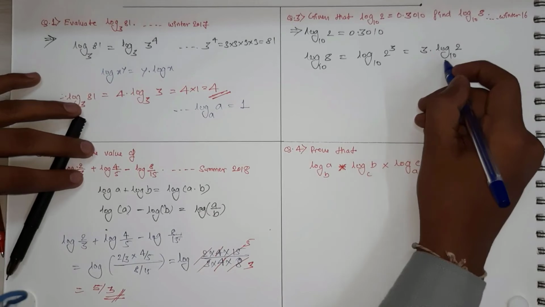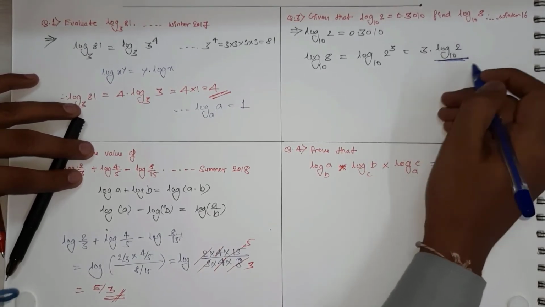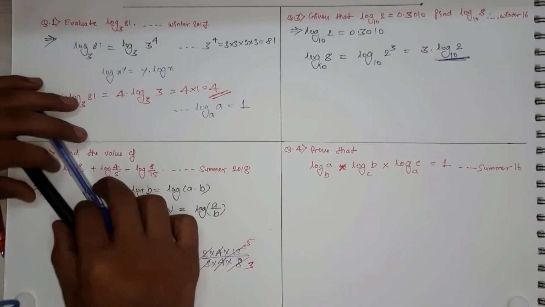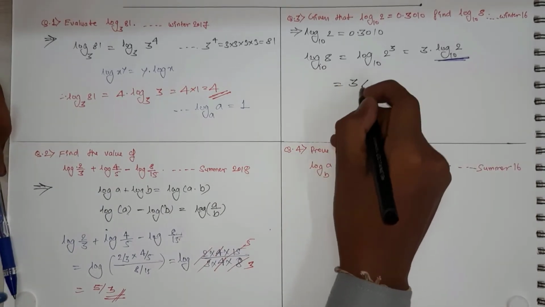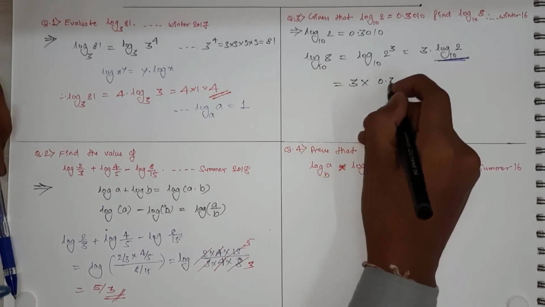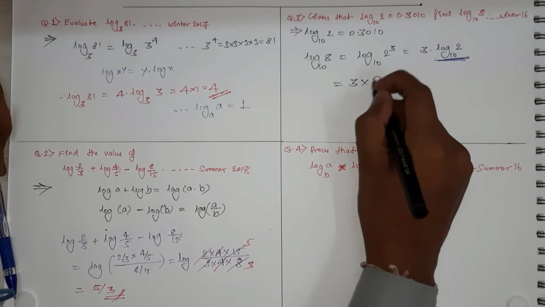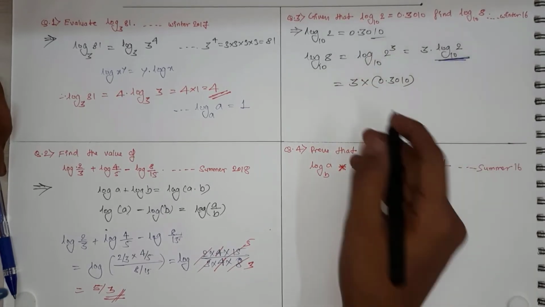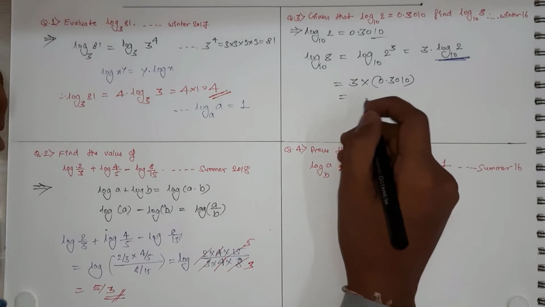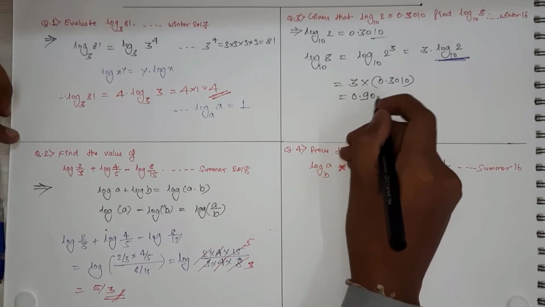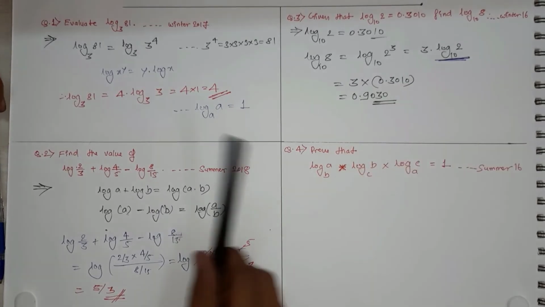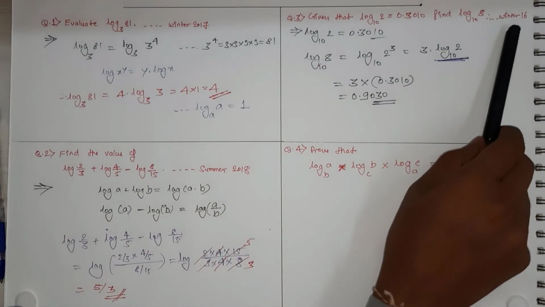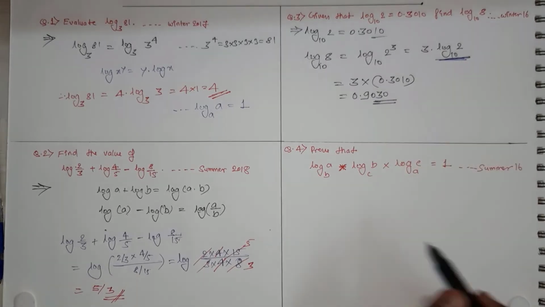We have been given the value of log of 2 to the base 10, so simply we can put that value, which is equal to 3 into 0.3010. After multiplying, what do we get? 0.9030. So this is the answer we get for question number 3, which has been asked in winter 2016.